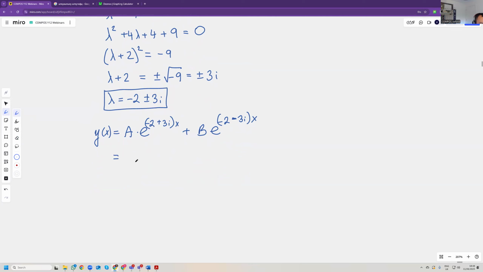I can take out e to the power minus 2x, and I'm left with a e to the power 3ix plus b e to the power minus 3ix.